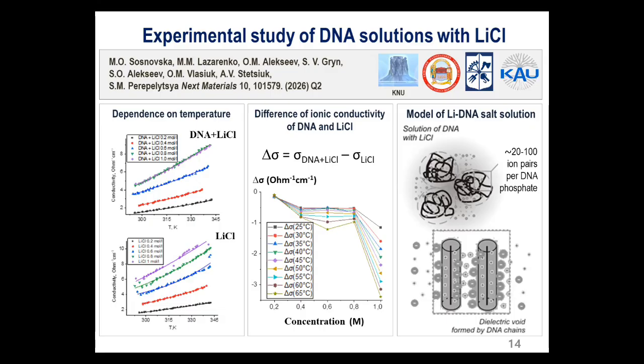And of course, it means that we should expect some regions where the ions are trapped, and these regions, we suggest, are regions with low dielectric constant. And in these regions, the ions are constrained. And in this case, we can obtain such behavior of electrical conductivity.